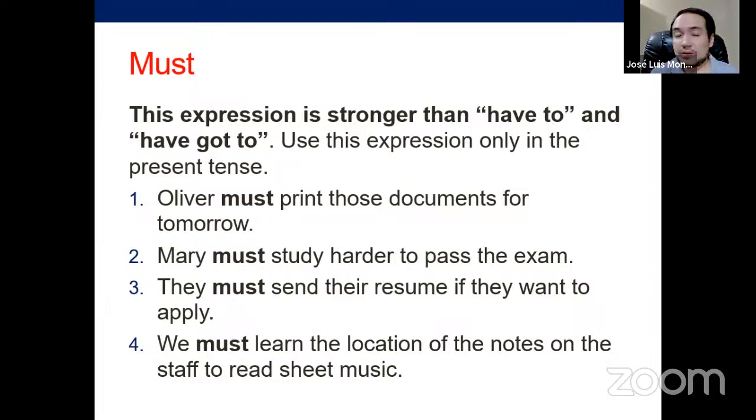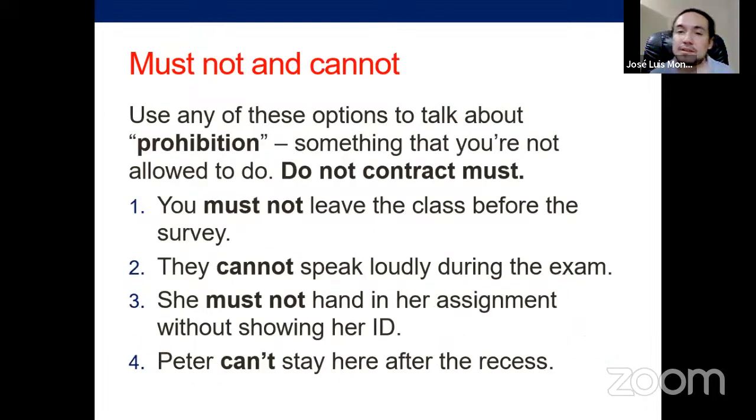Then number three: they must send their resume if they want to apply. So again, it has to be done that way. It's not an option, it's not a weak necessity, it is strong. It has to be done.